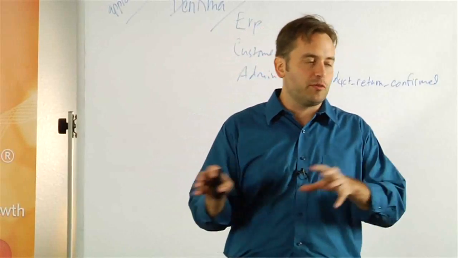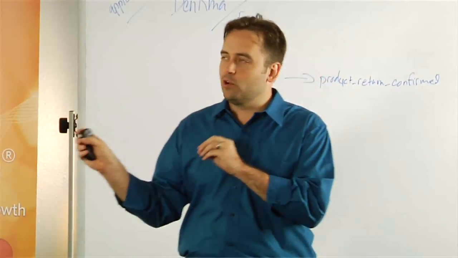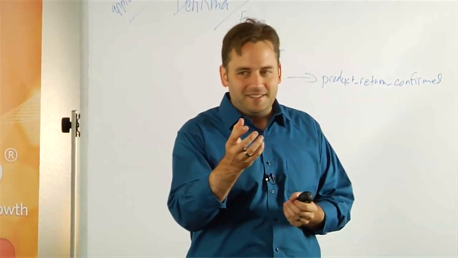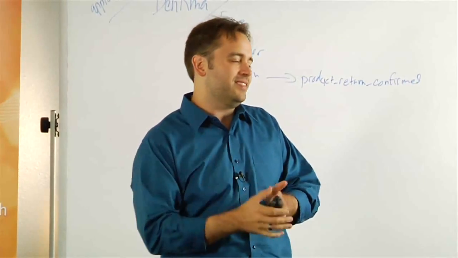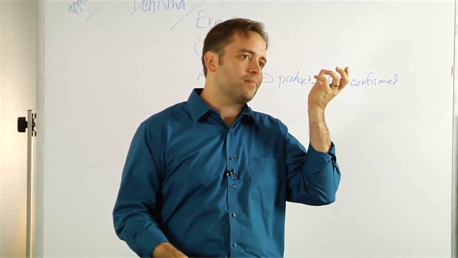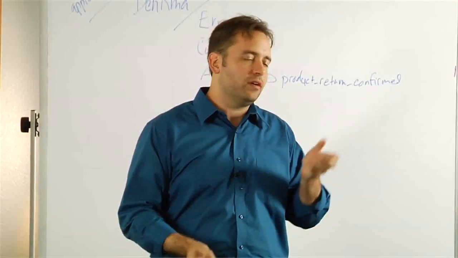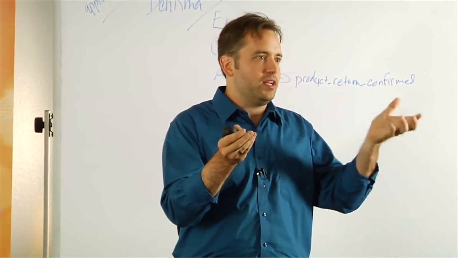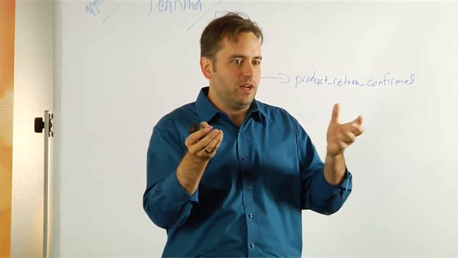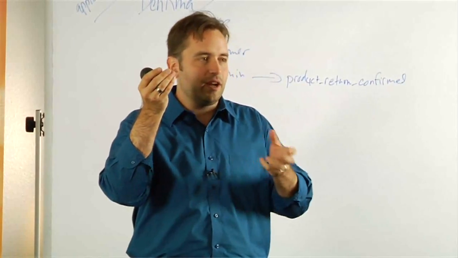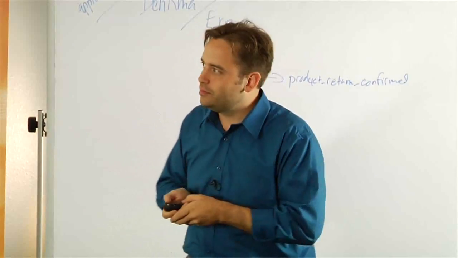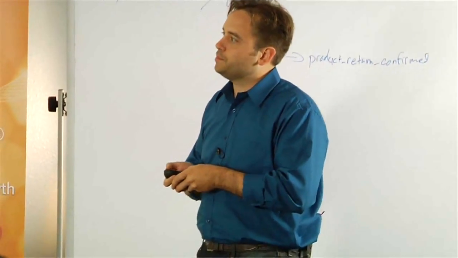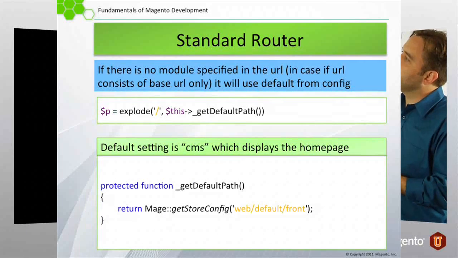Obviously, we're going to be working through the configuration, because that's the ultimate goal of this lesson: to connect configuration XML to our request. Basically, how do we get a request into our module? All right, so let's see.